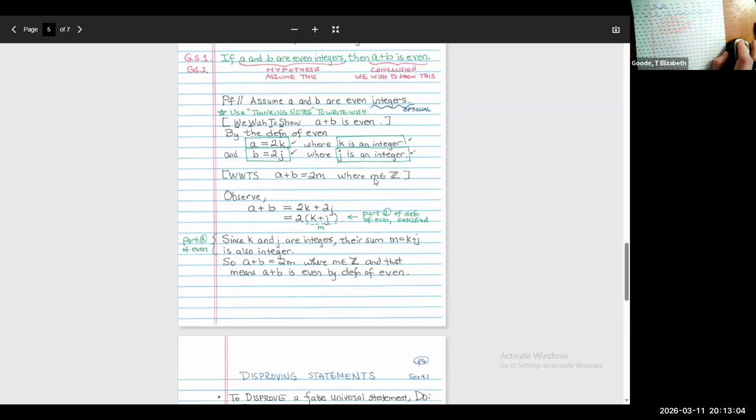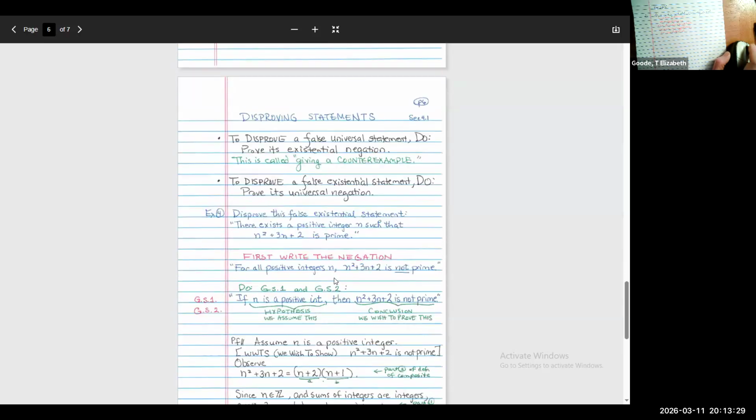Then we have to address the fact that m has to be an integer. How do we do that? We use the facts that k and j are integers. Since k and j are integers, their sum, m equals k plus j, is also an integer because sums of integers are integers. So a plus b equals 2m, where m is in Z, and that means it's even.